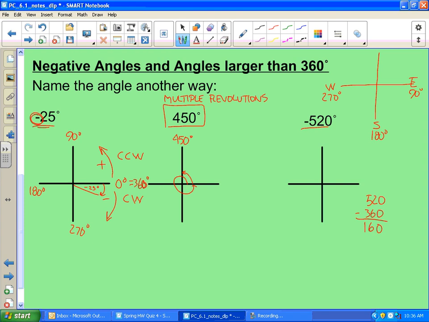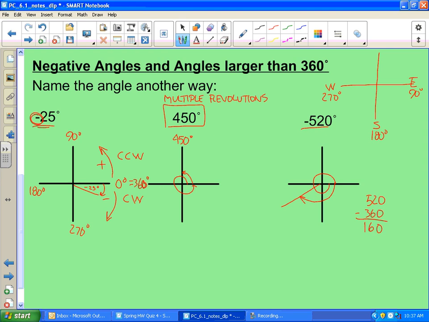So, how do we write this or show it without using negative? So I'm going to go from 0. There's negative 360 to there. And then we're going to go another 160. Well, 160 is going to lie somewhere over in what would be our quadrant 3. It's going to be over here somewhere, looking like that. 20 degrees less than if I were to be back at that 180.